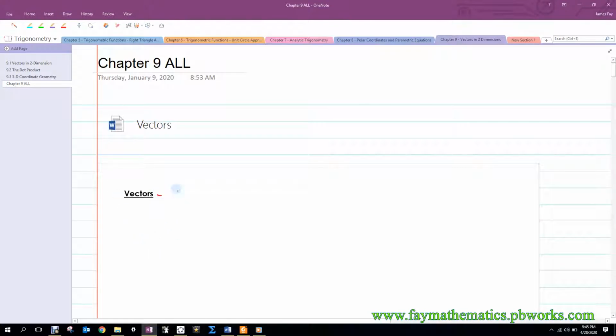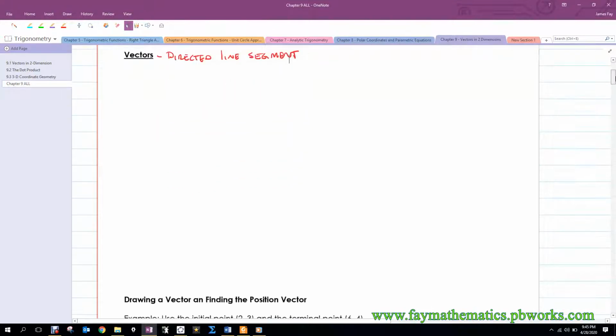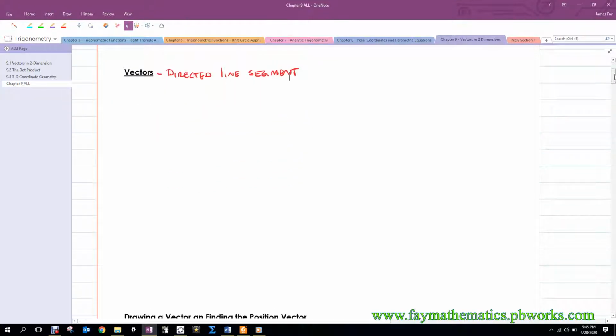So by definition, a vector is a directed line segment. Okay. Basically, what we'll talk about for the most part throughout the entire chapter is a direction, and we'll use what we know from trig and angles to dictate a direction.